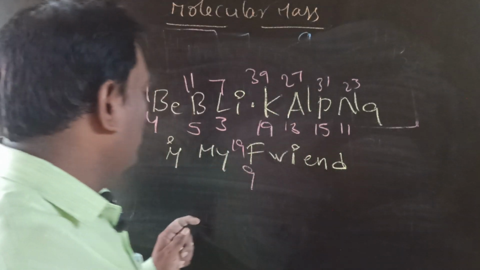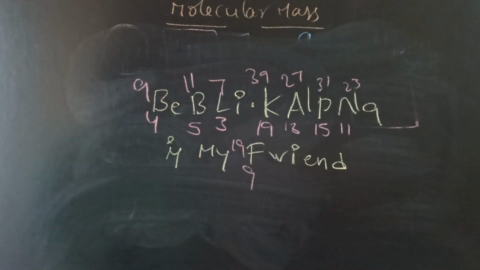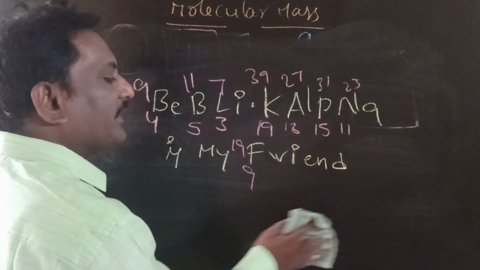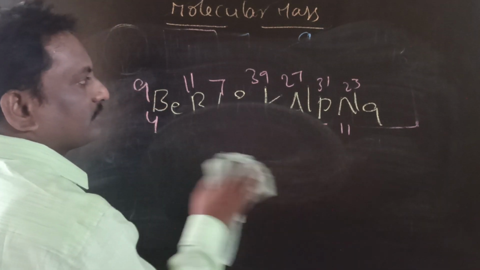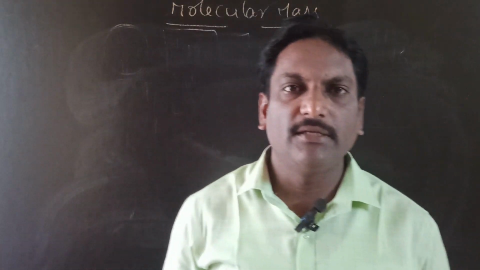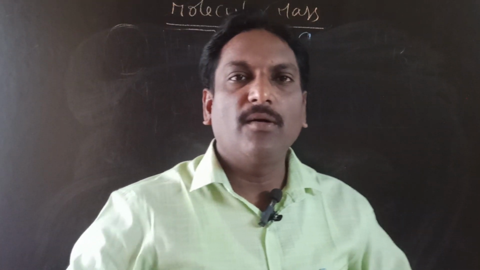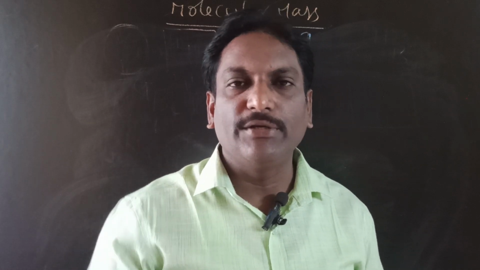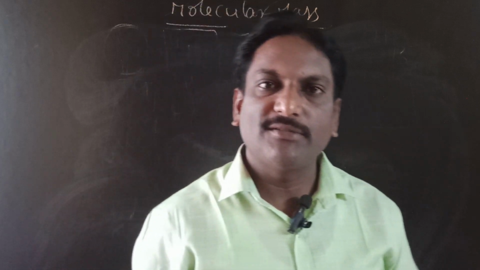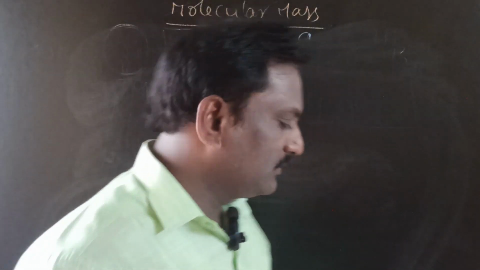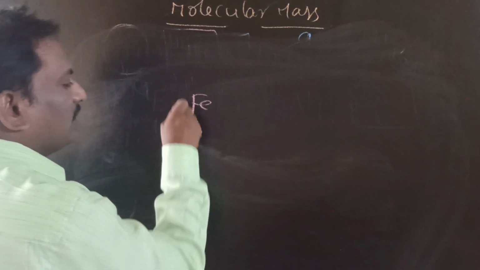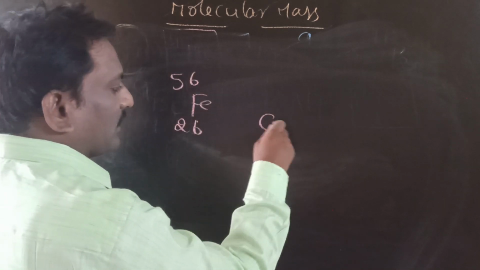Okay, right. Now I would like to give the atomic masses of the very important elements from 21 to 30. There is no need to remember all the atomic masses from 21 to 30. Apart from elements 1 to 20, we need to remember the repeated elements like iron, copper, zinc. Iron, atomic number 26, mass 56.